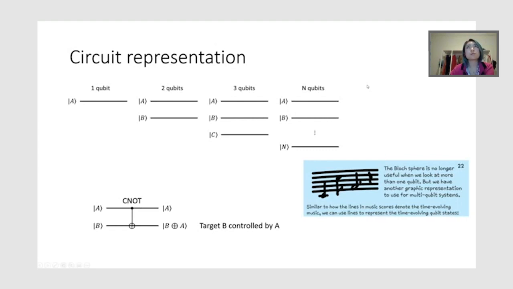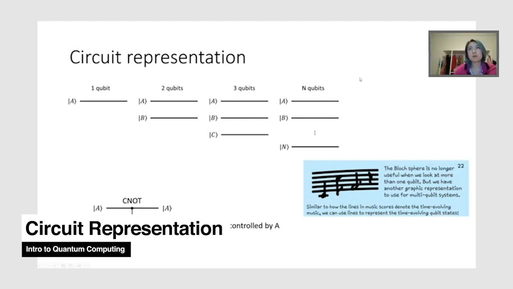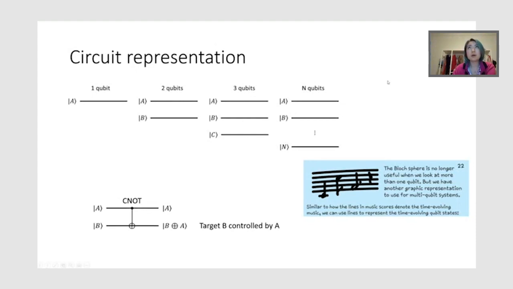So we don't use Bloch sphere anymore as a graphical representation. I already explained last time that it won't be very helpful because Bloch sphere can only represent a vector in a 3-dimensional space. And when you have multiple qubits, that's a multi-dimensional, more than 3-dimension geometry space.